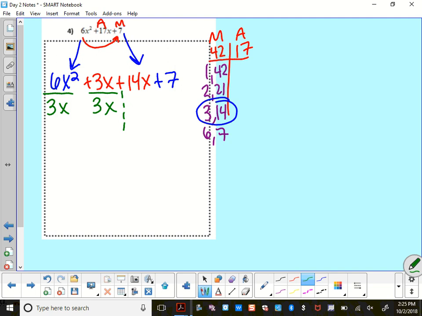Don't forget the x. Alright, so now I can divide. What's 6 divided by 3? 2, be careful. And then x squared divided by x, it's just x. 3x divided by 3x, I get plus 1.